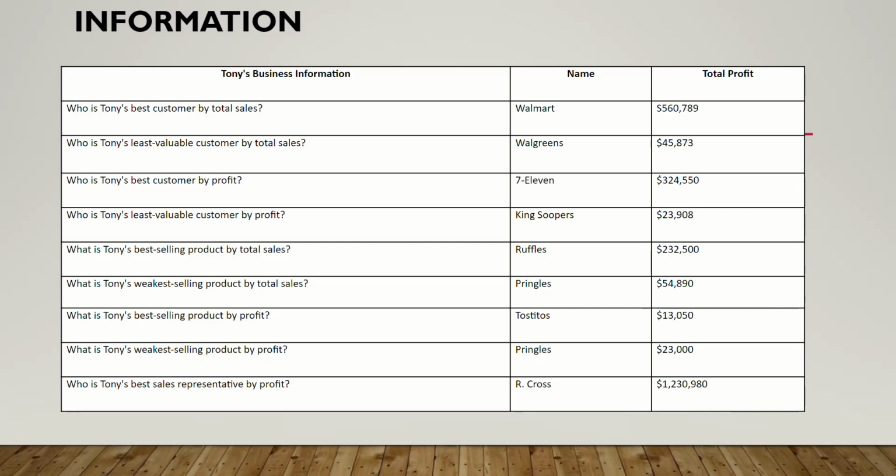The information we got from that structured data is that Tony's best customer for total sales is Walmart, and they made this amount of profit. Who is Tony's best sales rep by profit? They figure out that this one is the best. So these are just different questions that are asked to make information for their company, for their bosses, for their workers, and all that stuff.